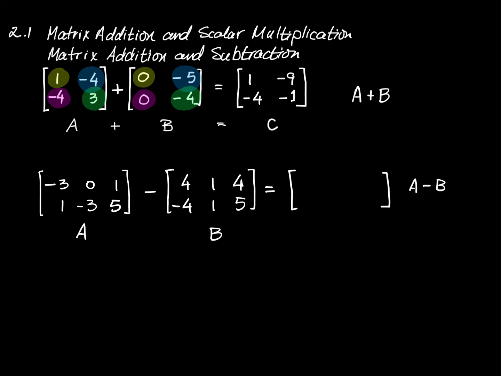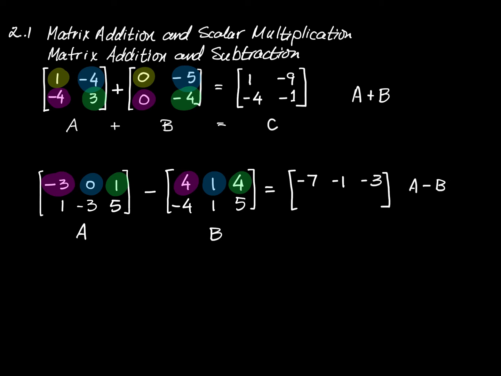So for the first row, first column, I'm going to have -3 minus 4, and that's -7. For the first row, second column, I'm going to have 0 minus 1, which is -1. For the first row, third column, I'll have 1 minus 4, which is -3.